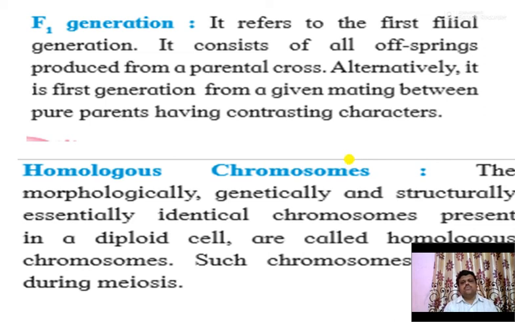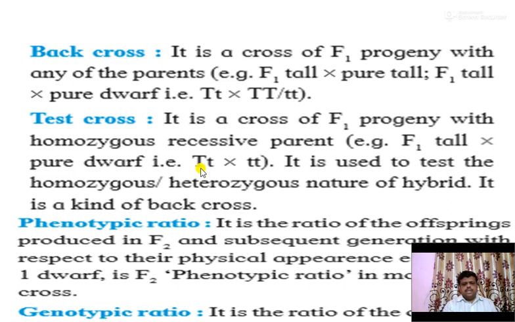So these chromosomes are structurally and morphologically similar, and they are present in the diploid cell. So these chromosomes are called homologous chromosomes.